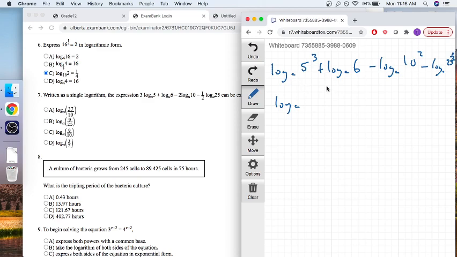So it's going to be 125 times 6 divided by 10 squared, which is 100, and then 25 to the 1/2, which I believe is just going to be 5.